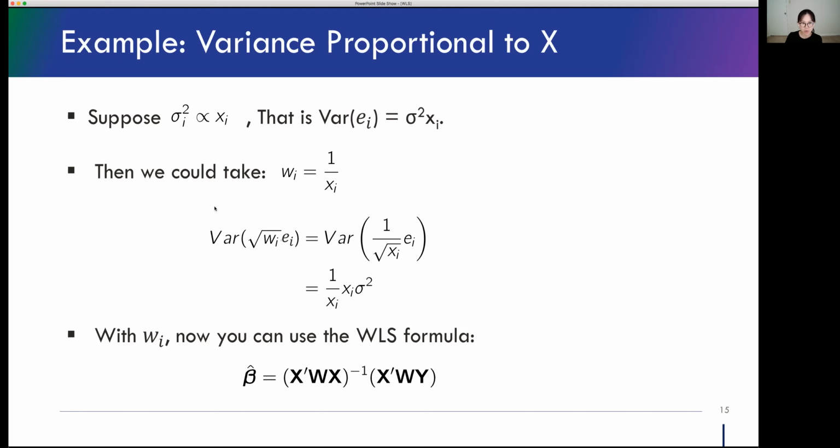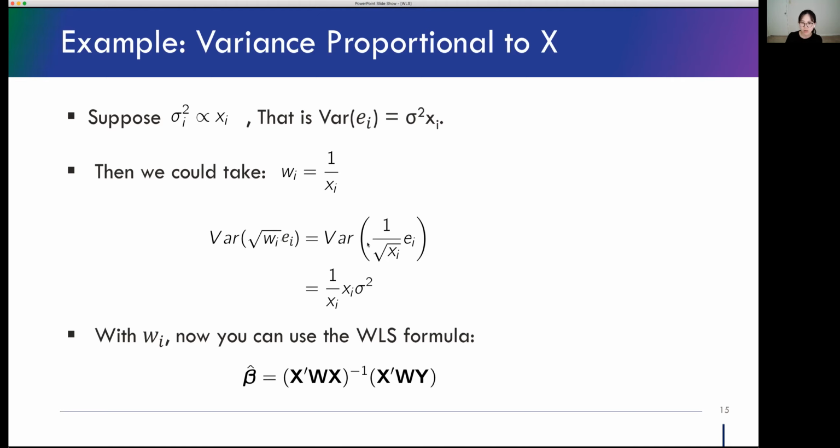Okay, and I have an example here where we have a continuous x, and suppose we know that sigma_i squared is proportional to x_i. That is the variance of e_i being like this. This is what I mean by proportional to x_i. So now we could take this weight w_i as 1 over x_i. After we take this weight, the variance of the square root of w_i times e_i is like this.